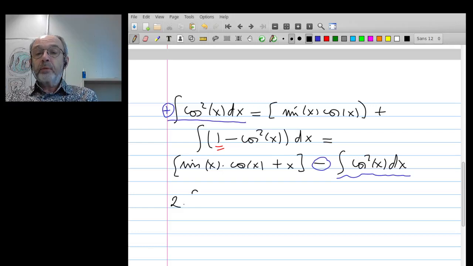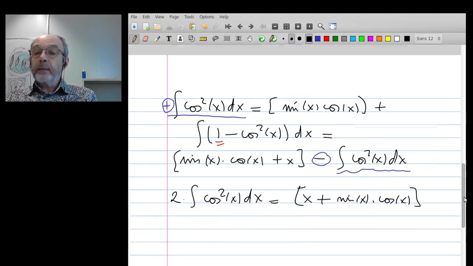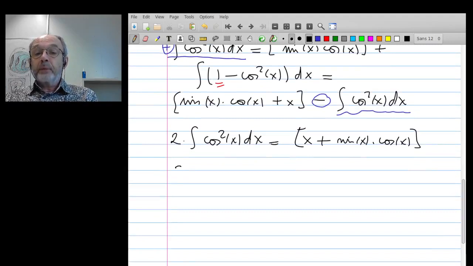We get 2 times the integral of cosine squared dx becomes equal to x plus, and then sine x times cosine x between those brackets. Now, and then I asked myself what the primitive function of cosine squared was.